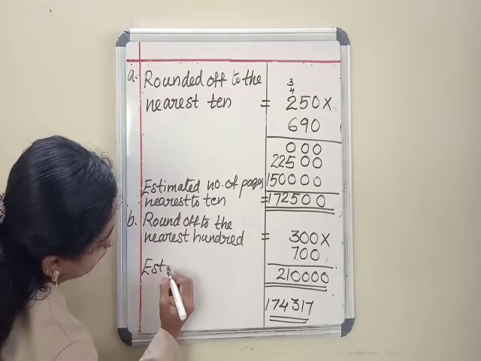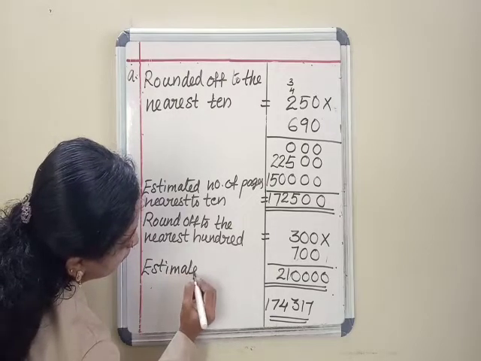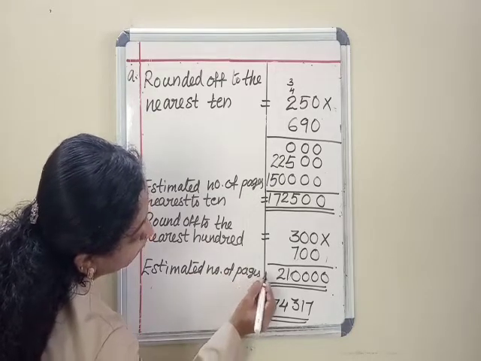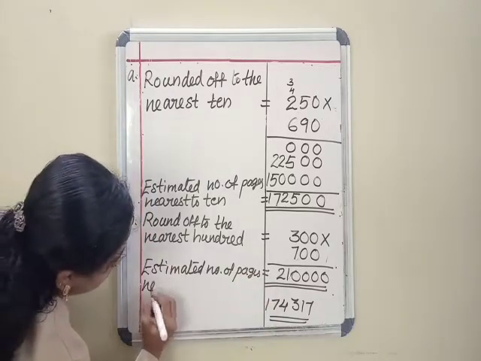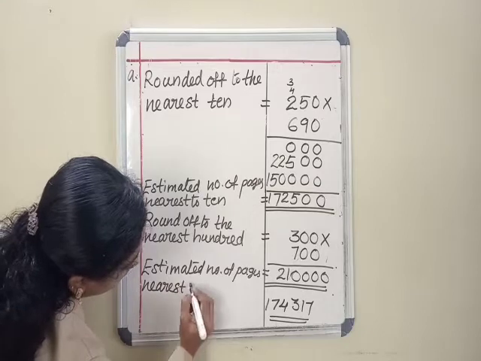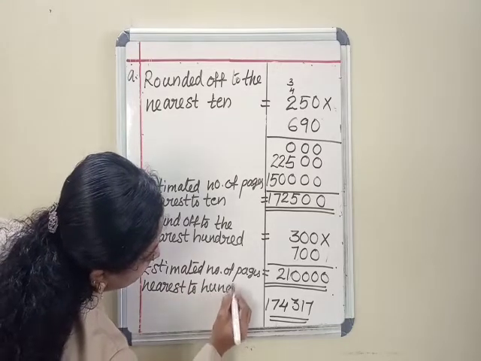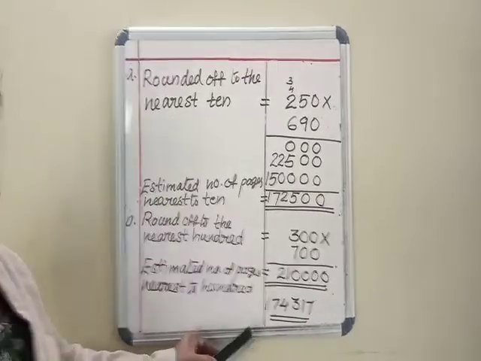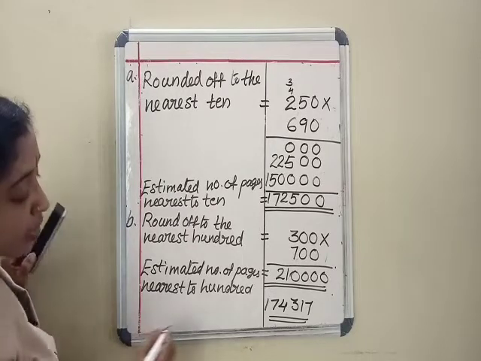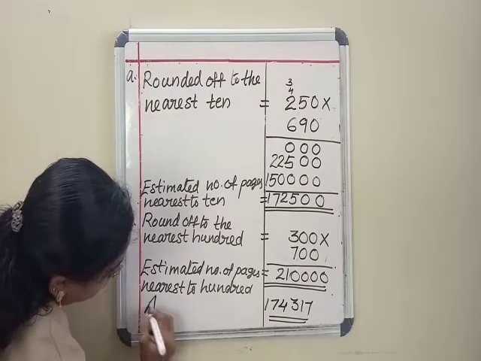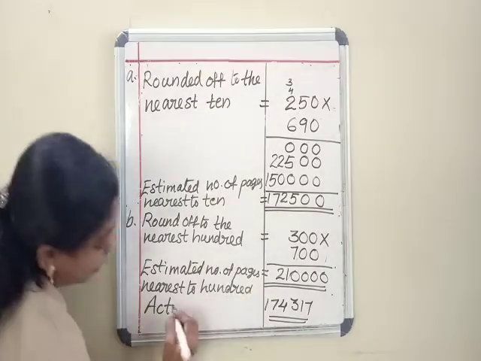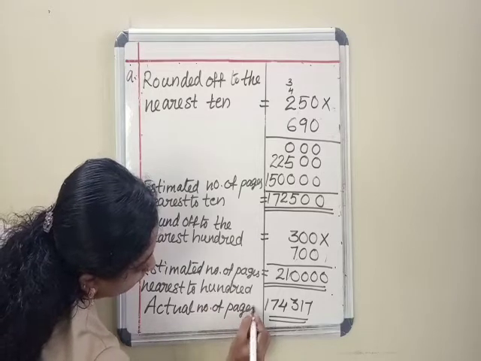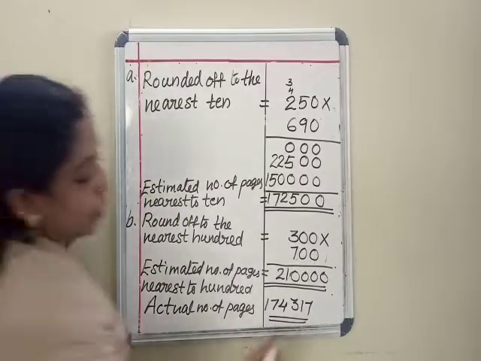We can write estimated number of pages nearest to 100. This is what? Actual number, not estimated. Actual number of pages. That first we found the answer. Actual number of pages. Do you understand?